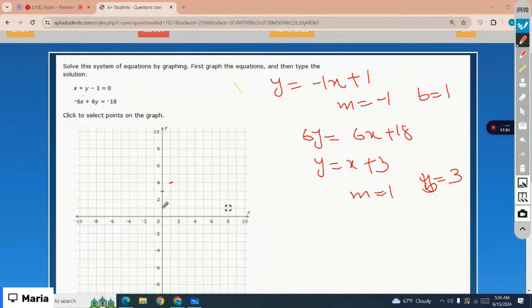Then you have the y-intercept is 1. You need to move down 1 point, right 1 point. Let's just make a line.